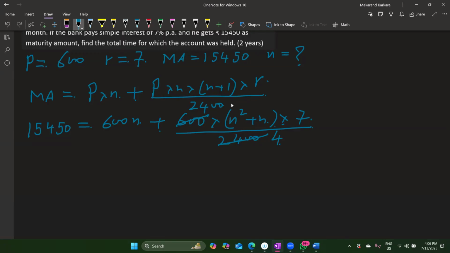So 15,450 into 4 is equal to 4 into 600 N plus 7N squared plus 7N.